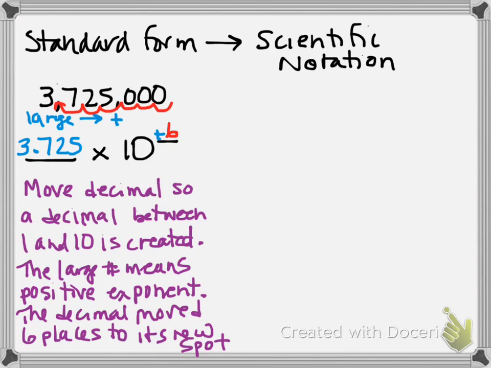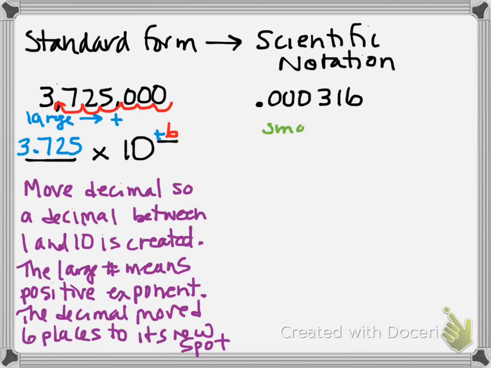All right, let's try one going the other direction. So I've got 0.00316. Let's see, tens, hundreds, thousands, 10,000s, 100,000s, millions. 316 millionths is how you would read that number with place value. Now, would we consider that number to be a large number, small number?